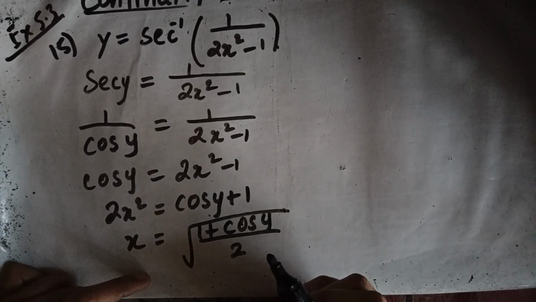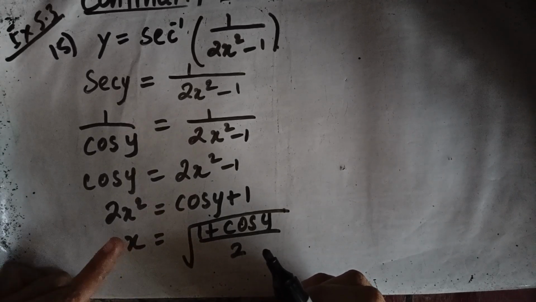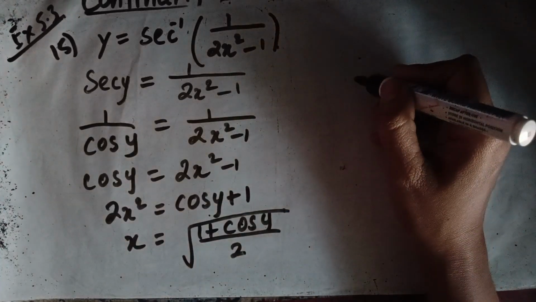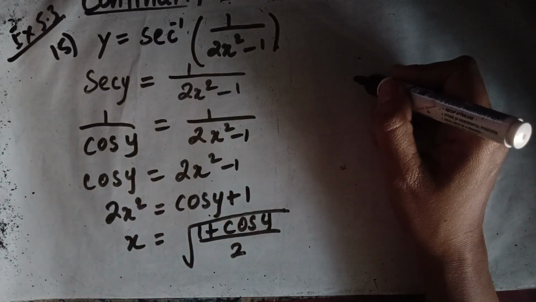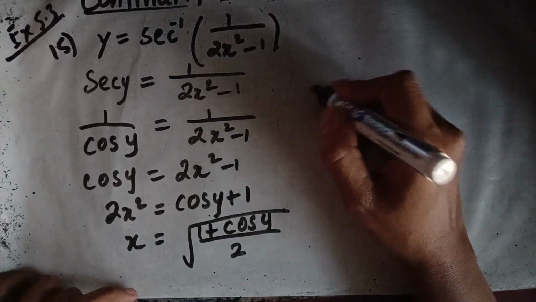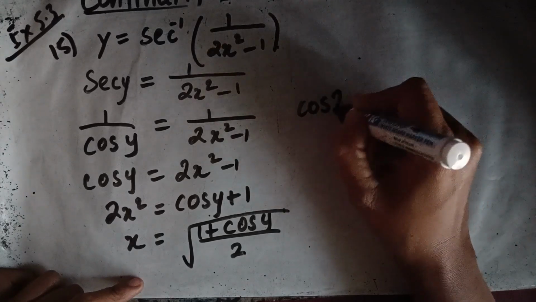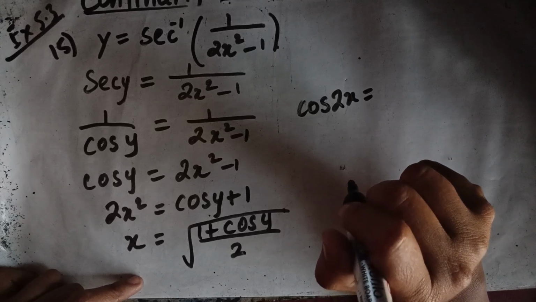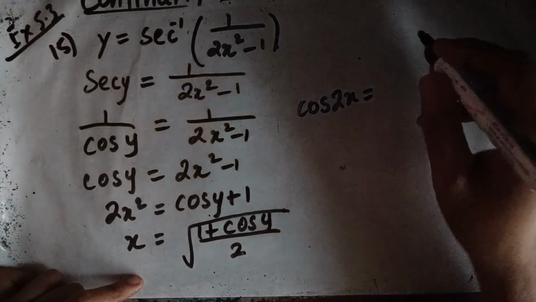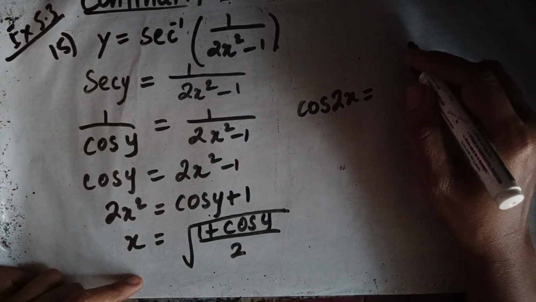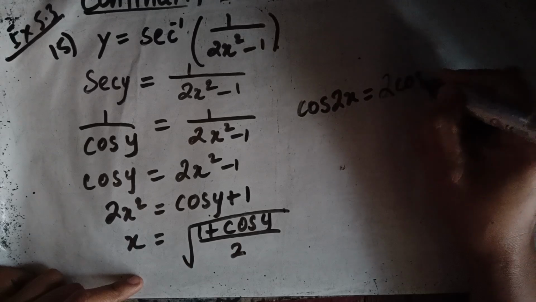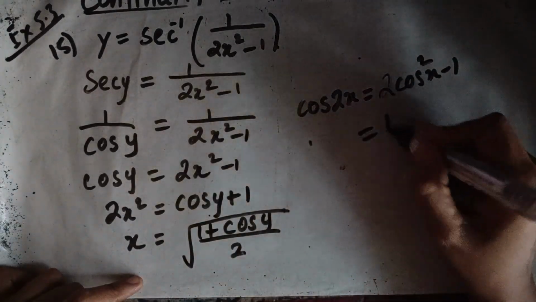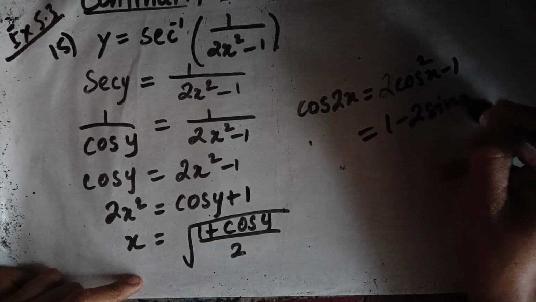Right? 1 plus cos y can be written as, so if you take say cos 2x, okay, cos 2x is 2 cos square x minus 1, and there is one more, that is 1 minus 2 sin square x.